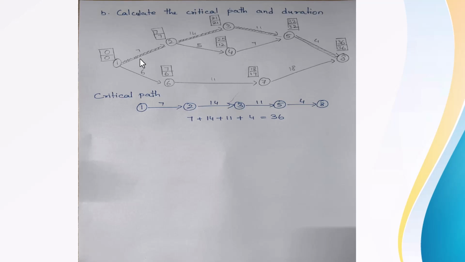Okay, then when we are going for LFT, we have to subtract the duration from the LFT value of the activity to get the LFT of the previous activity. And whenever there is a tie, we have to get the minimum value. So this is your critical path. Wherever the EST is equal to LFT, that path is considered as the critical path. And when you add the duration of that critical path, it will become the duration of the project.